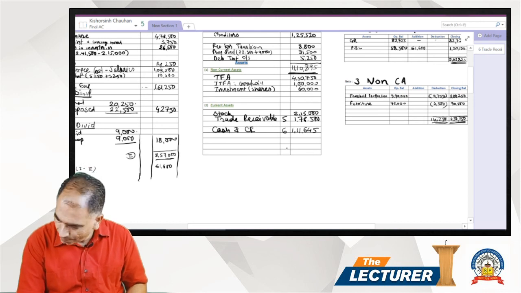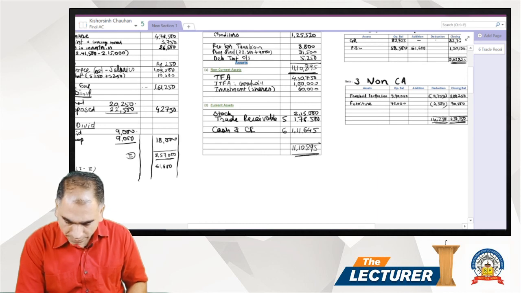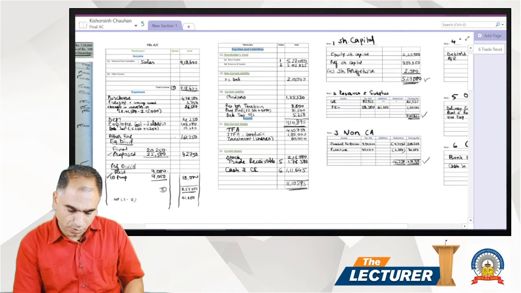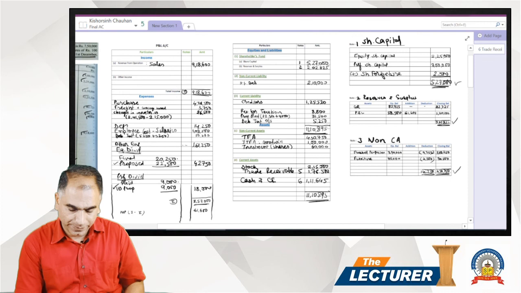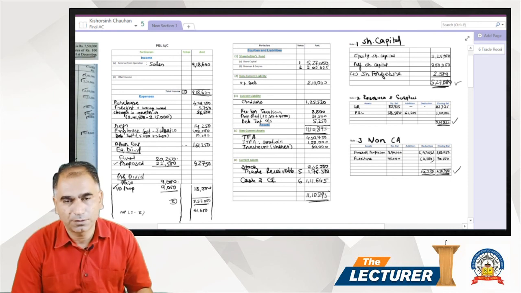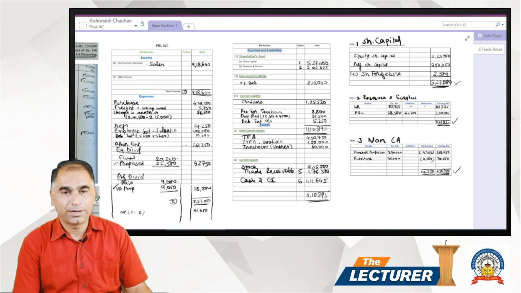And here also 11,10,895. So this is all about your P&L and balance sheet. It's a full-fledged question consisting of P&L and balance sheet. I hope you understood and enjoyed. Thank you.